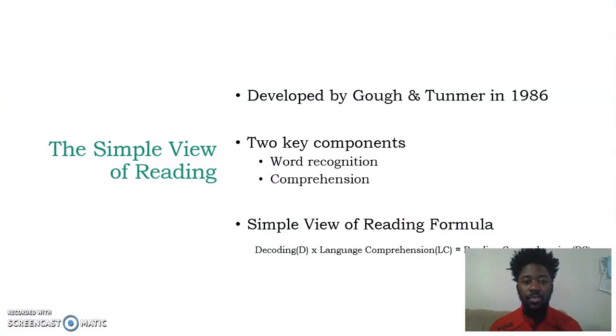Okay, so we're going to go into the theoretical models. The first one here is the simple view of reading. Many practicing educators don't really know anything about the simple view of reading, but Philip Gough and William Tunmer proposed a simple view of reading formula, which is kind of neat, and it basically clarified the role of decoding in reading.